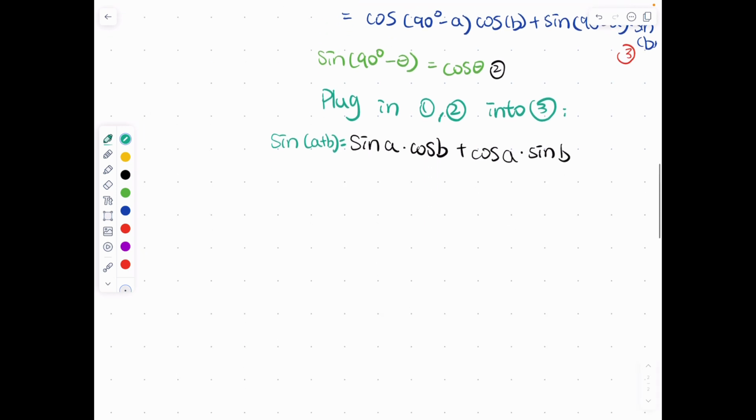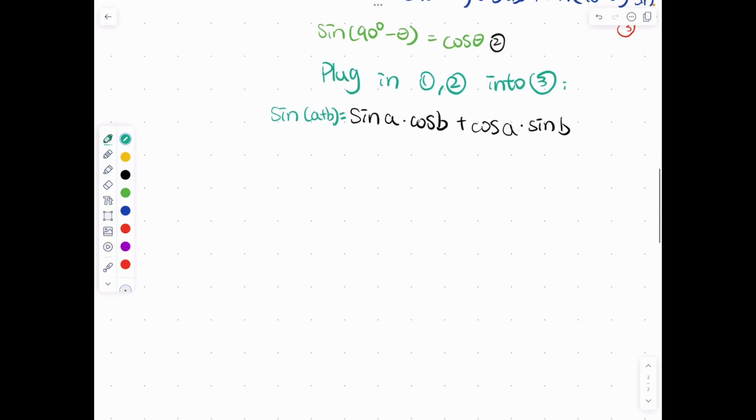Okay, so now let's find sine of a minus b, which is just, let's plug in, sine of a times cosine of negative b plus cosine of a times sine of negative b. So let's consider this.